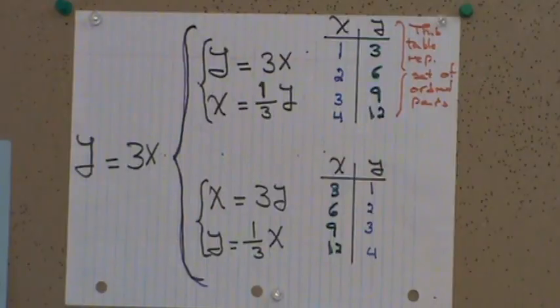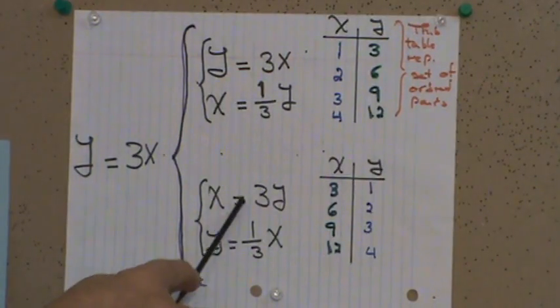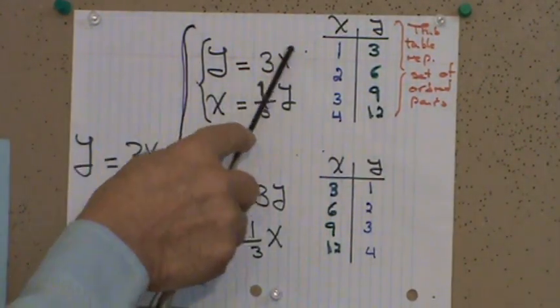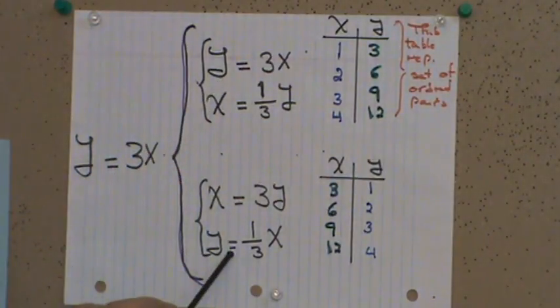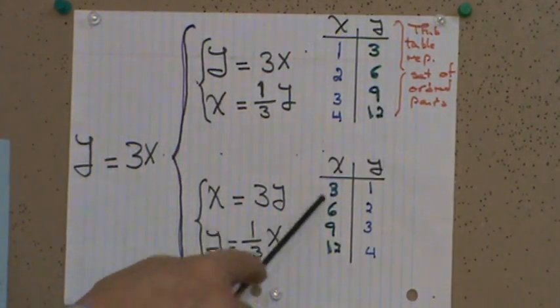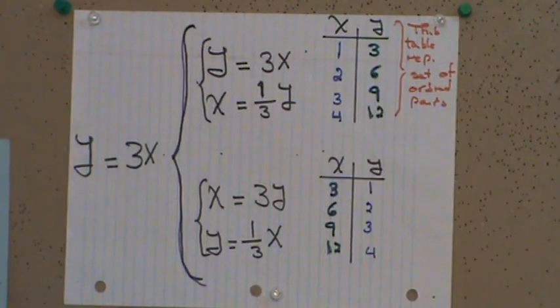So they have been interchanged. So this is the inverse of that. You agree with that, huh? But this is equal to this. We just showed they have the same set of ordered pairs.